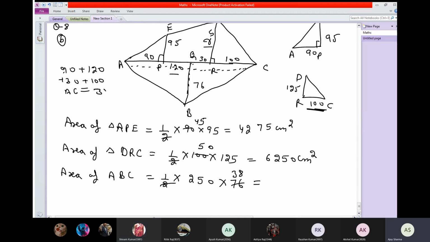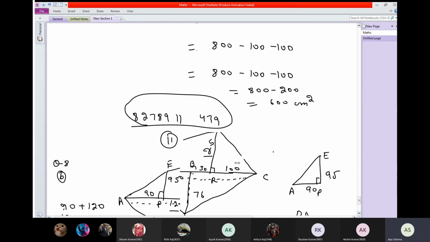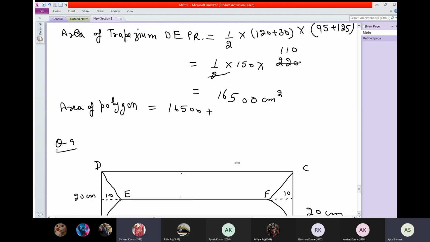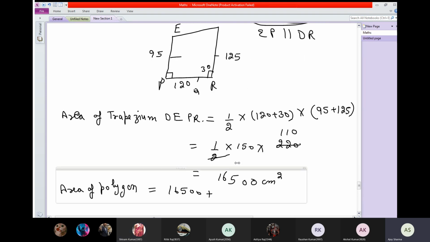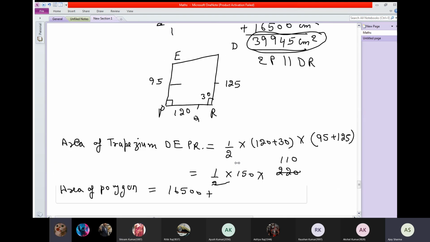That's okay. 340. Then this is also corrected. It will be 340. And multiplied by 38. 340 multiplied by 38. Now solve it. And what do you find?